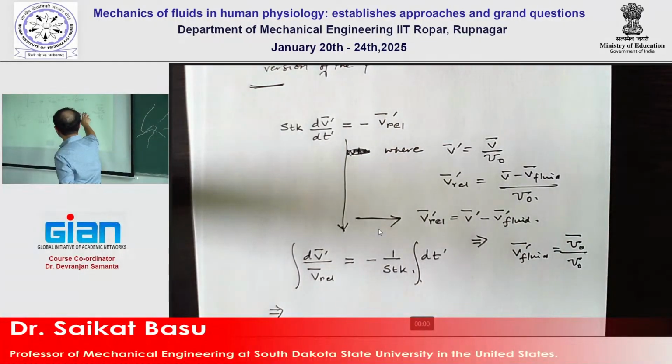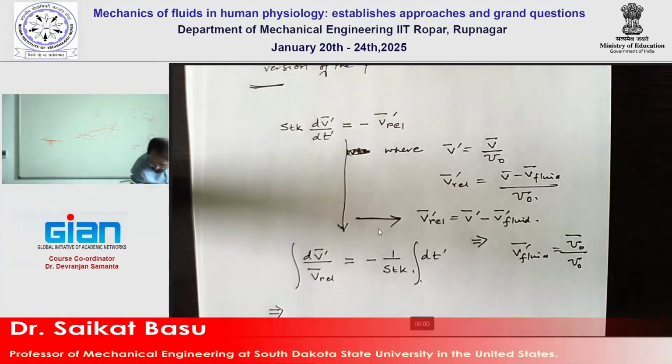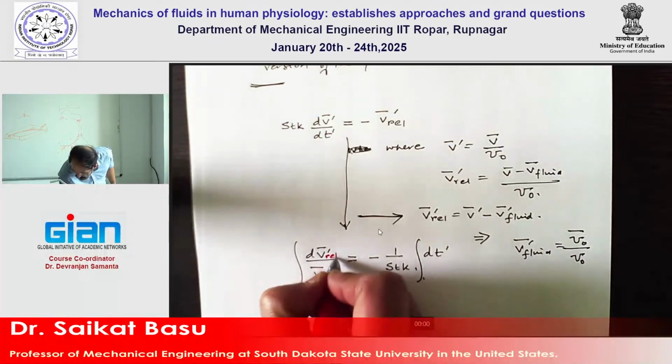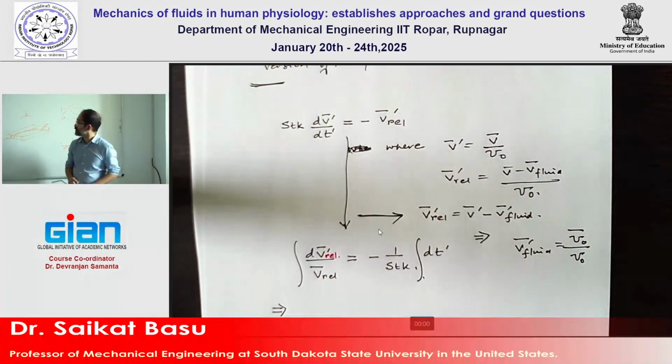So if we take that into account, and if you think about taking the derivative of this particular equation, dV prime is equal to dV relative prime. So now instead of writing it in the dV prime form, we can add this subscript that this is also equal to the relative.